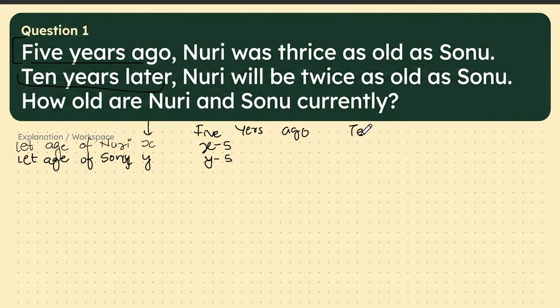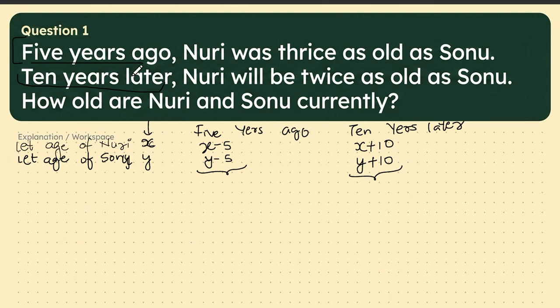So 10 years later the age will be x plus 10. Later means add. x plus 10 and y plus 10. Okay. So these are the ages: x and y present age, this is the 5 years ago age and this is the 10 years later age.